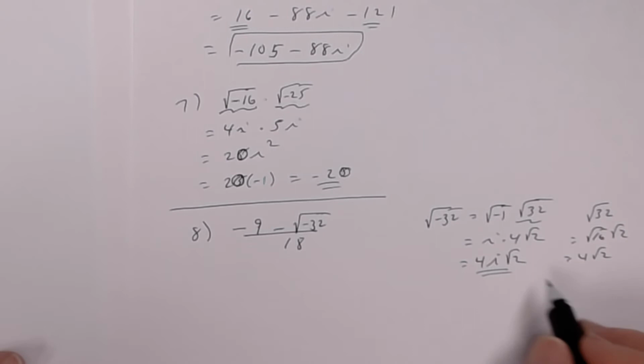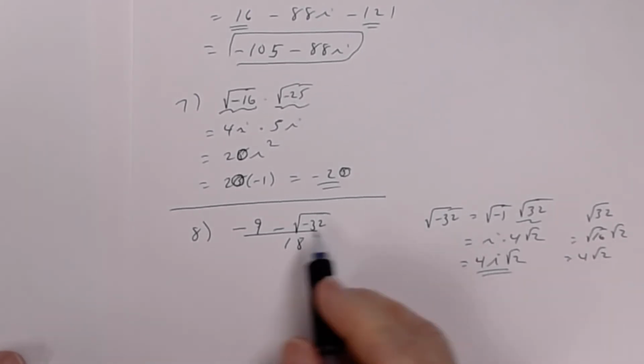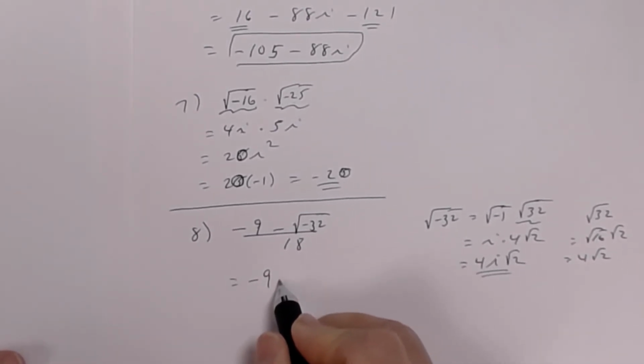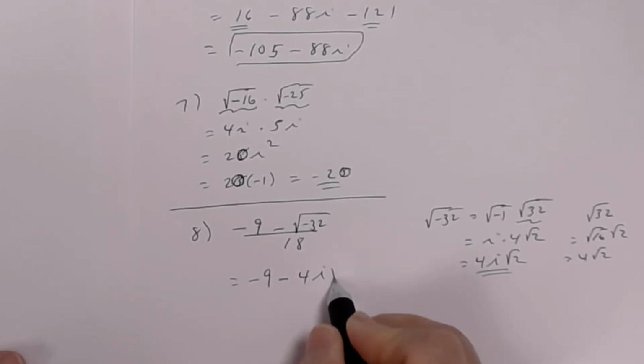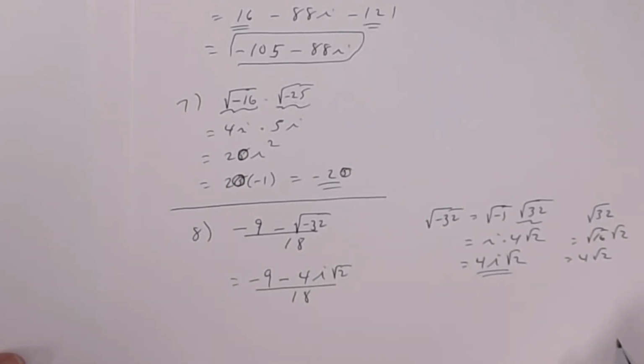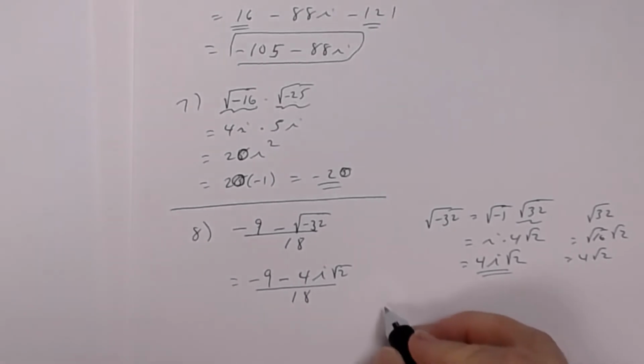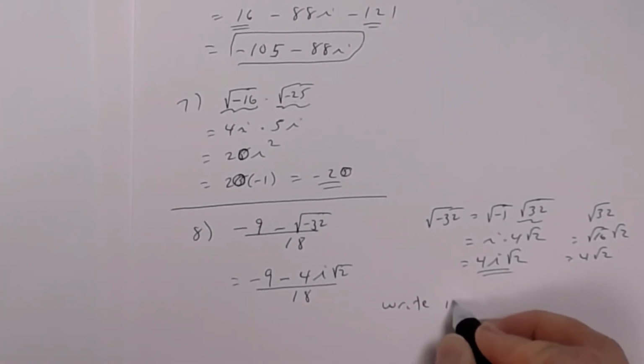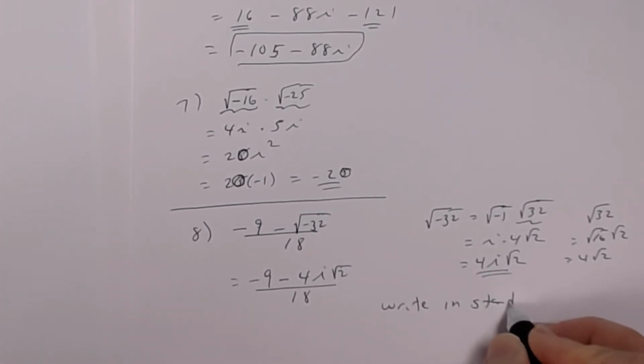Okay? All right, so this is going to go here. So I get negative 9 minus 4i square root of 2, divided by 18. All right, now remember, always follow the directions. The direction said write in standard form. Write in standard form.